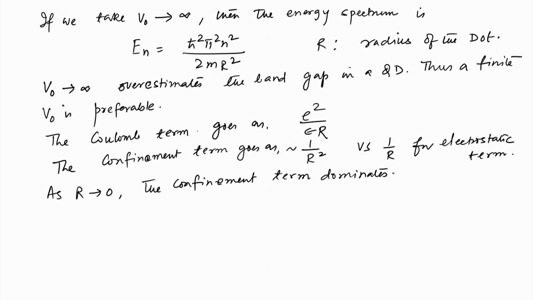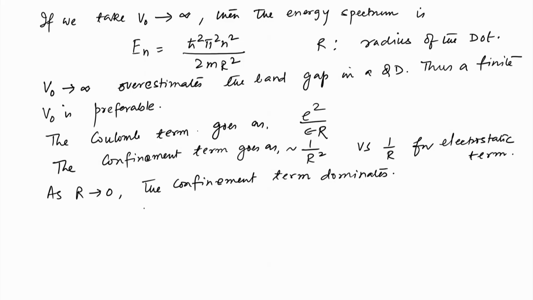Okay, so what we will do is take this as the confinement term, as the original Hamiltonian, and take the Coulomb term. So, take the original, or rather the unperturbed, Hamiltonian.